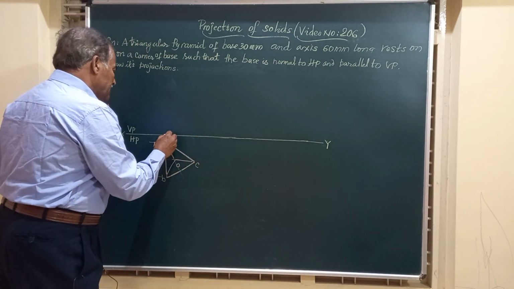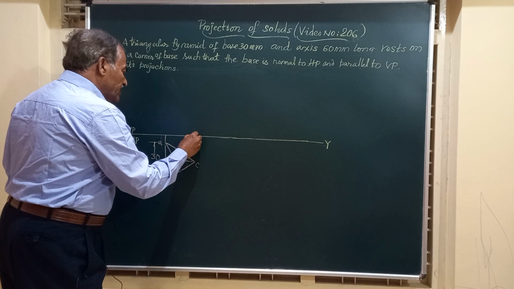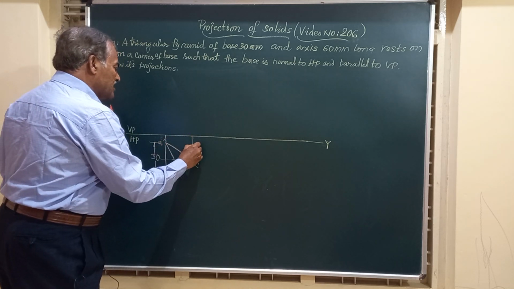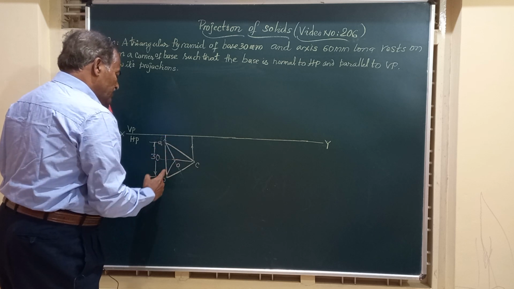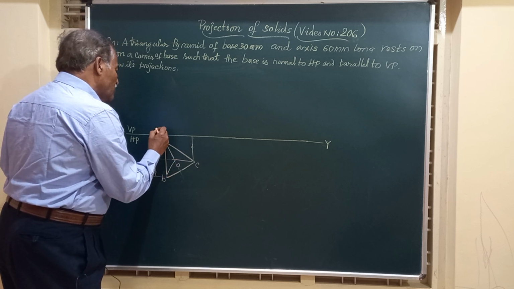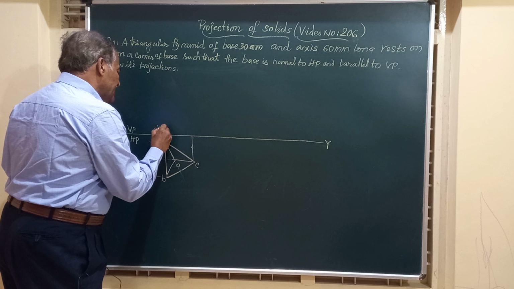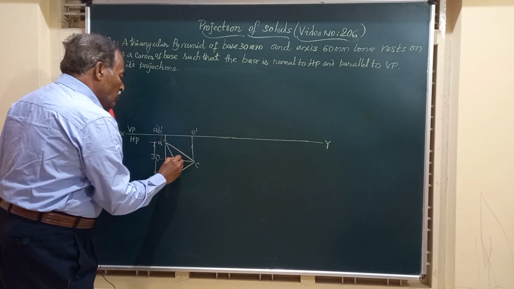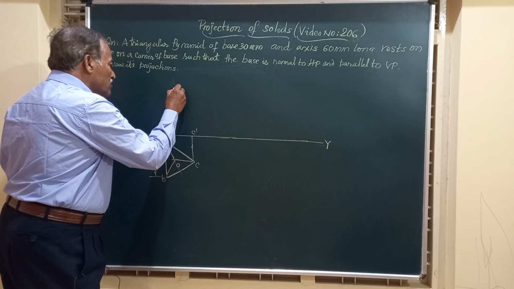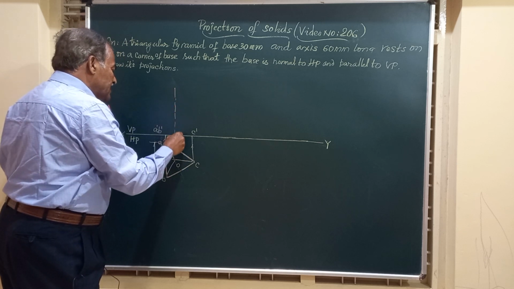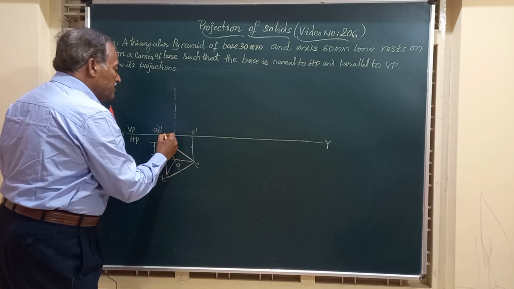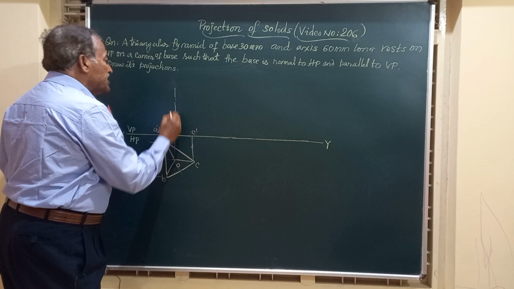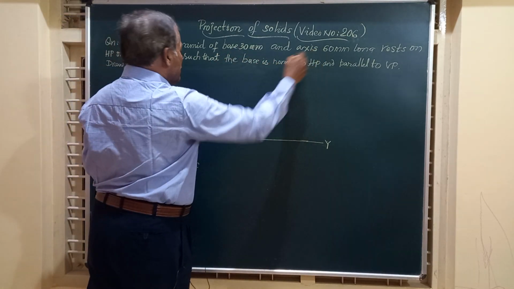Friends, we will obtain the front view of the solid by projecting lines from all these corners. Here, A and B lie on the same vertical line. So you will get A dash, B dash, and this is point C dash. We have O here. From O, we draw a vertical line, and from the base, that is this line on XY, we take the height equal to 60 millimeter.